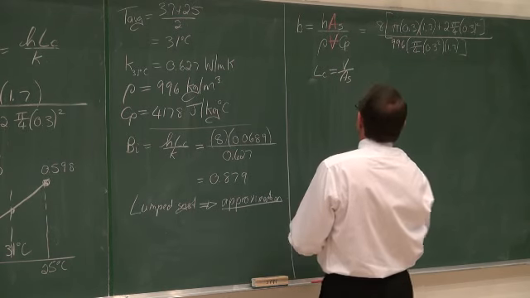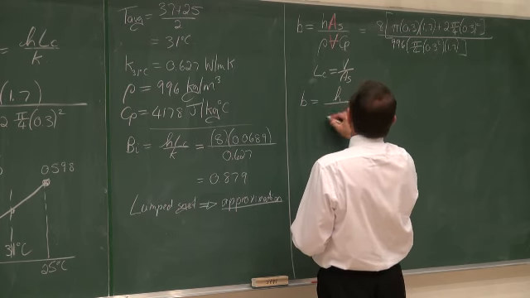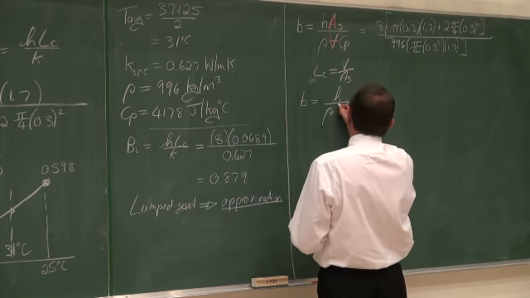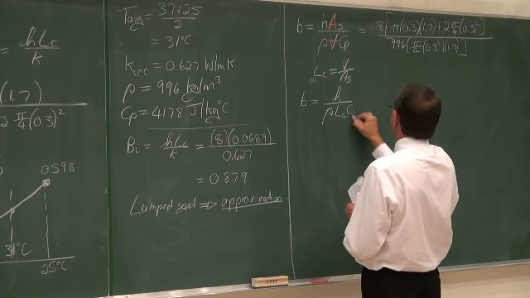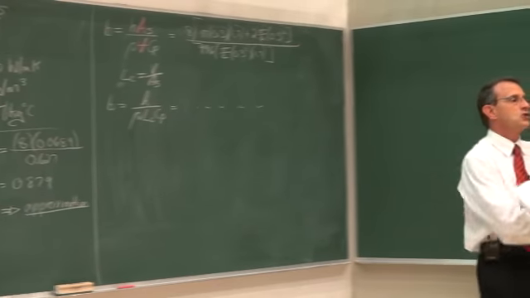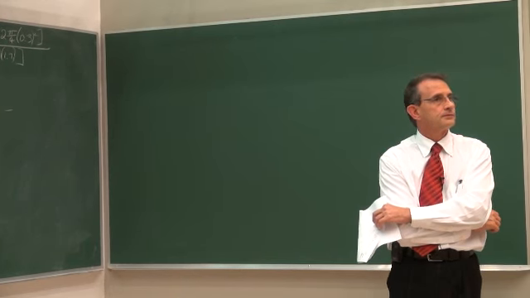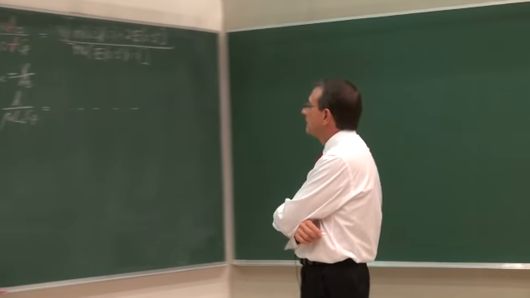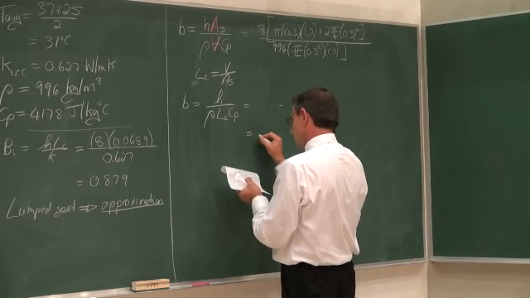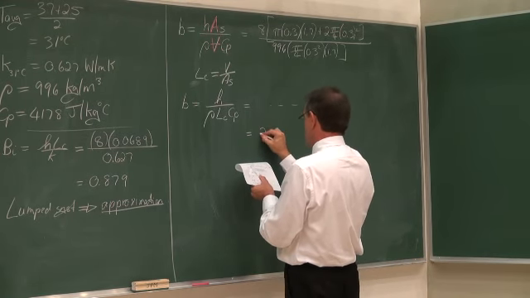So we can say that B is also equal to the heat transfer coefficient divided by rho, the length scale, and Cp. You could have calculated it like that also, much shorter and easier. But in any case, the answer is equal to 2.79 e to the minus 5 per second.